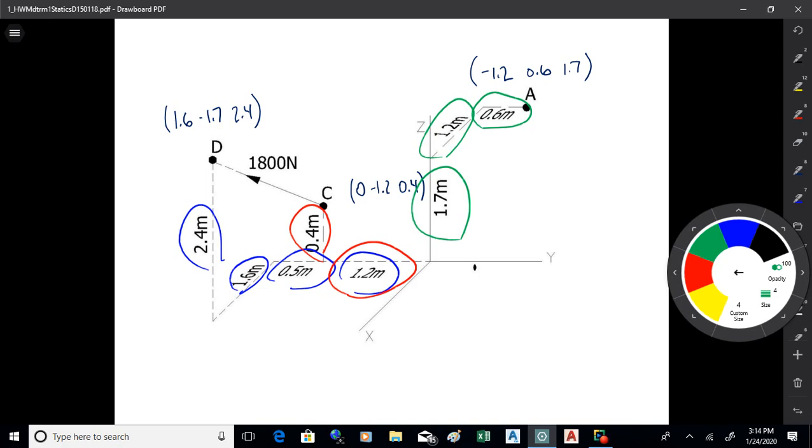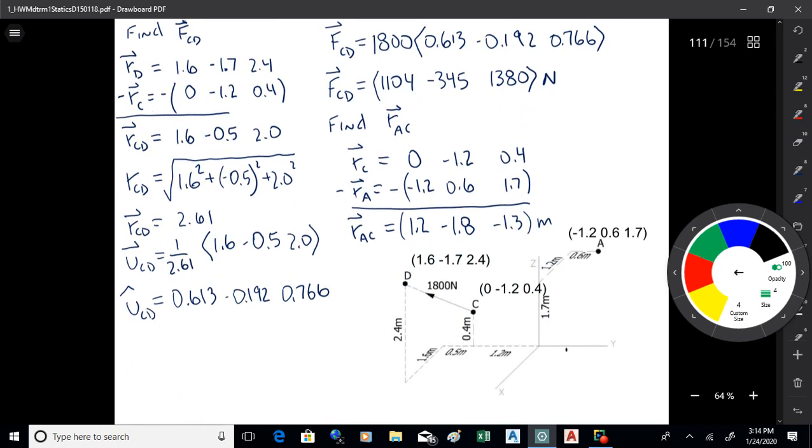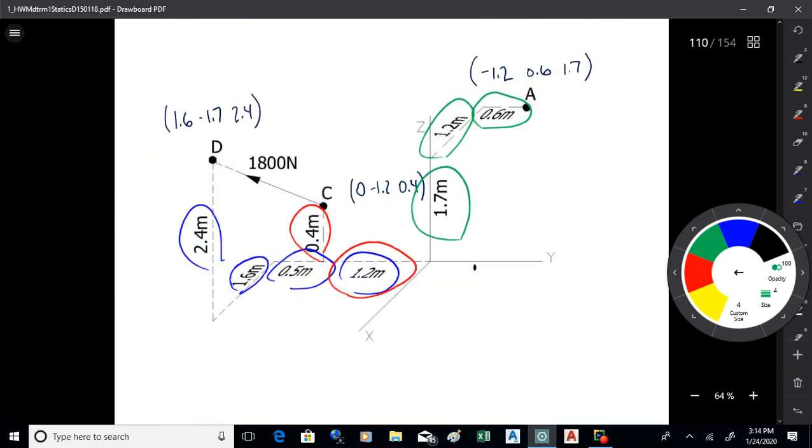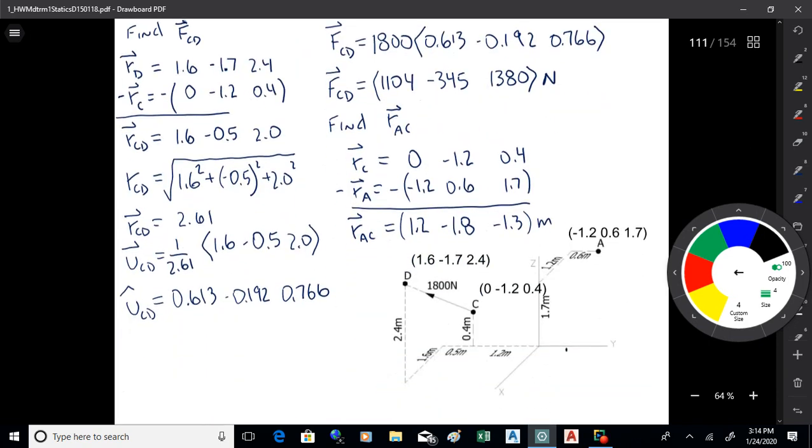We good with that? All right, so now we've got the coordinates on the points. Now you find the force vector, and we've done this many times now. So to find FCD, you take RD minus RC, you get RC to D. Take the square root of the sum of the squares, you get the length in meters. Divide through by the length in meters, you get a unit vector.